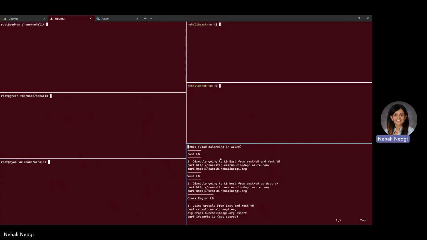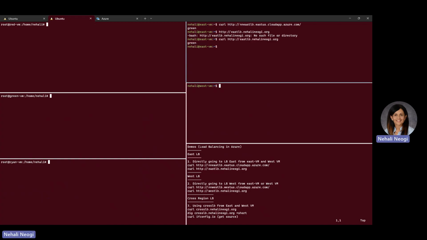And so we'll start with the east load balancer. We'll directly query the east load balancer from the east VM, right? So we'll just do a query, and you can see that we got green. We'll do a query with the custom domain here.